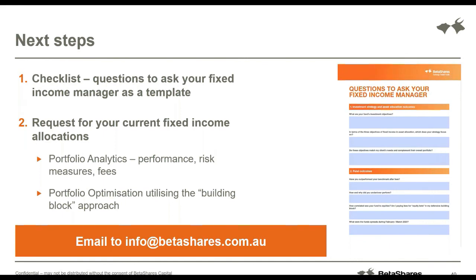We request that if you are able to complete that, please send it to your BetaShares account manager or simply to info@BetaShares. If you also want to attach your current fixed income portfolio allocations, we will reply back to you. Our analytics desk will have a look at that and come back to you with some risk return measures, optimized to the objectives that you state. So we will offer you that service. Please feel free to do that.